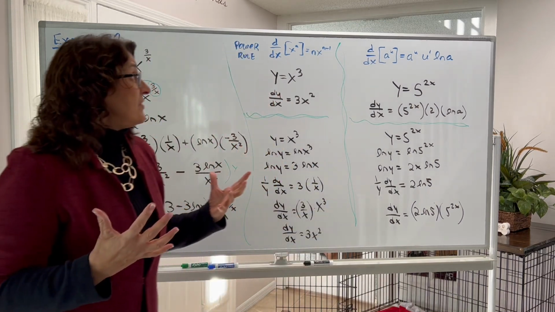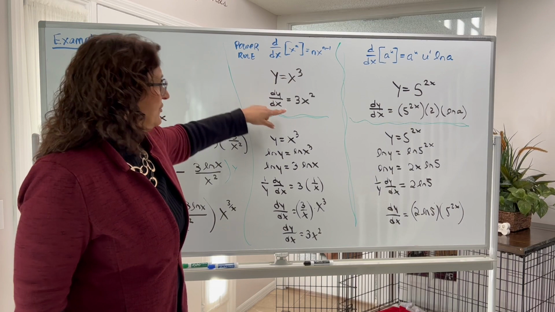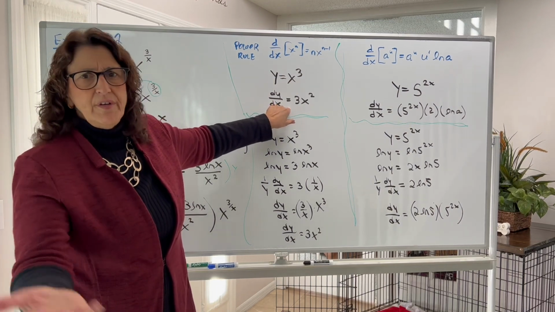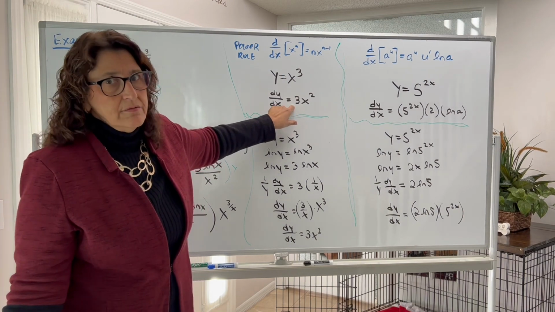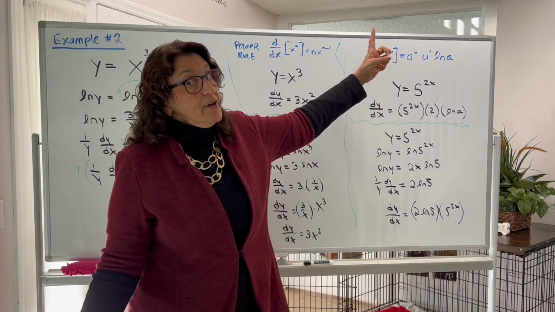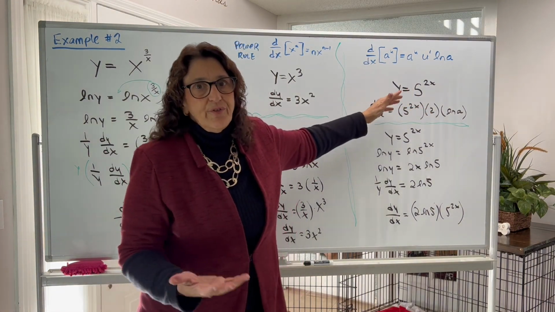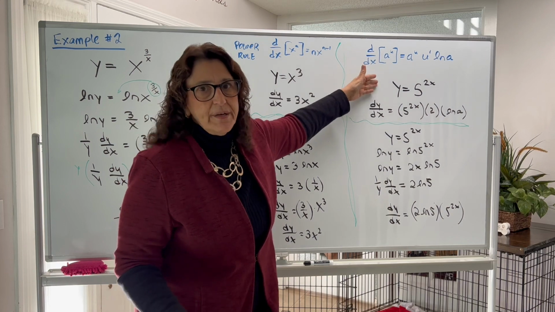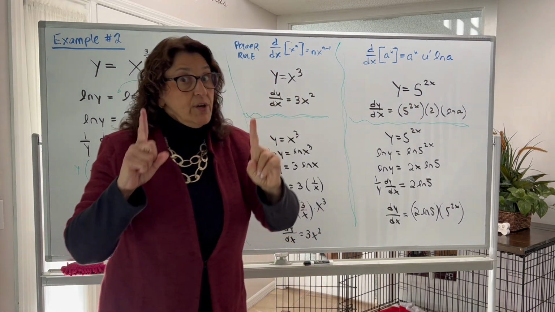So if you have a variable base and a number exponent, just use the power rule. These are theorems that have been proven to be true, so just use the power rule, it's easier. If you have an exponential function, a number in the base and a variable in the exponent, just use your exponential rule. What if you have a variable in the base and a variable in the exponent?